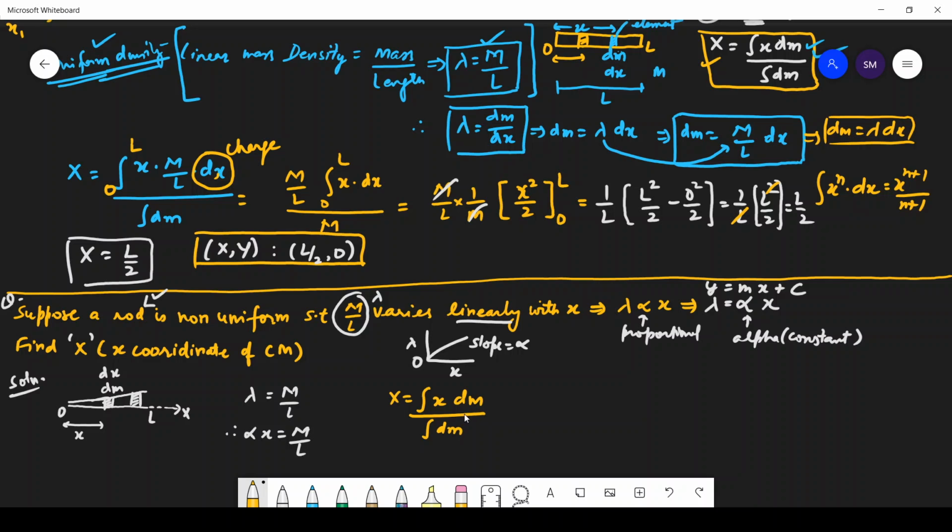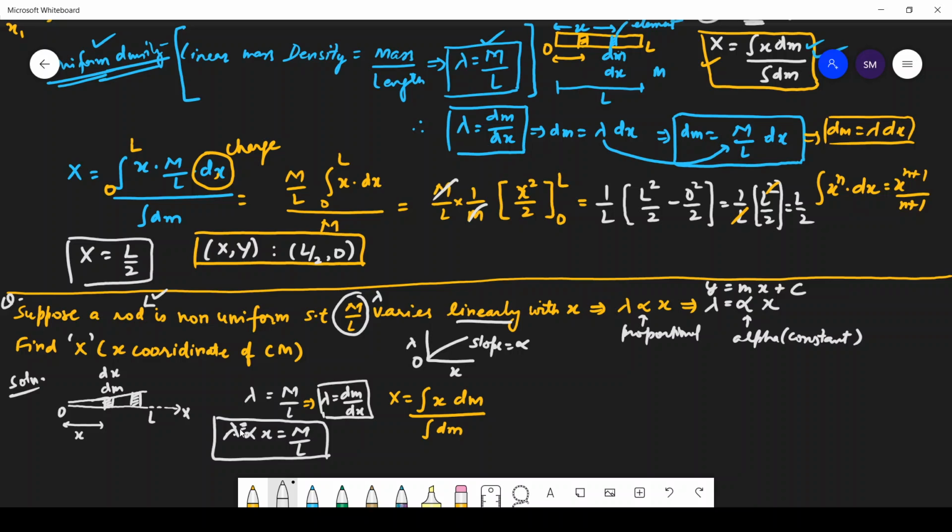So we can replace this dm: lambda equals dm upon dx, and we can write dm as lambda dx, and the value of lambda is alpha x.